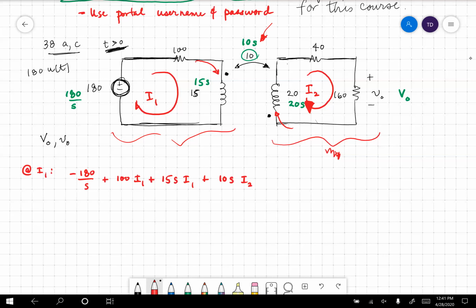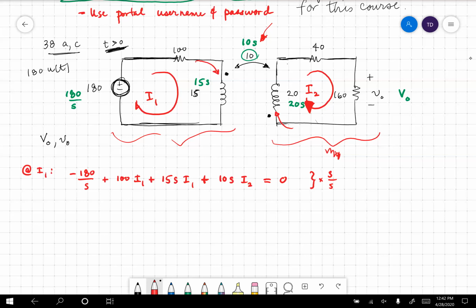So the I1 and I2 are both going into the dotted end. If they both go into the dotted end or they both go into the undotted end, it's plus. Otherwise, it's negative. Great. Sum that up. It's equal to 0. Well, let's see. This looks like a 5. We can definitely divide by 5, and we can multiply by S. So we're going to do times S over 5.